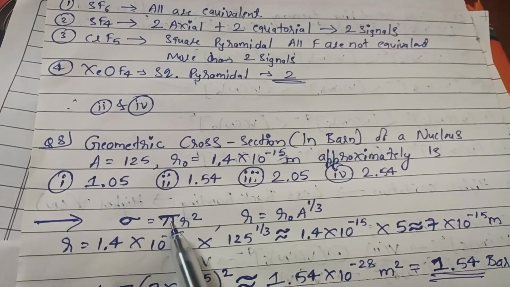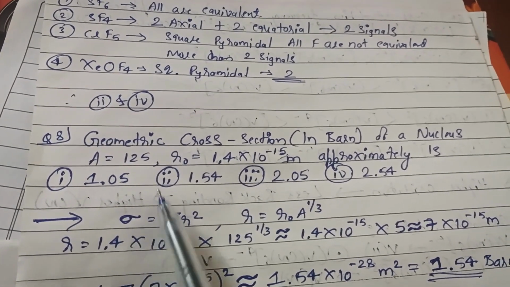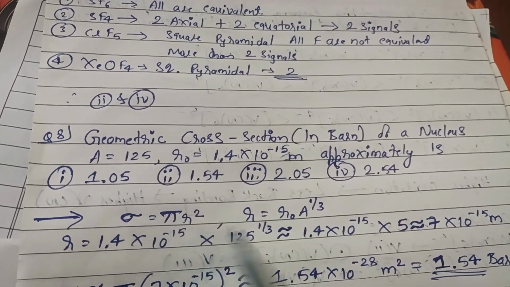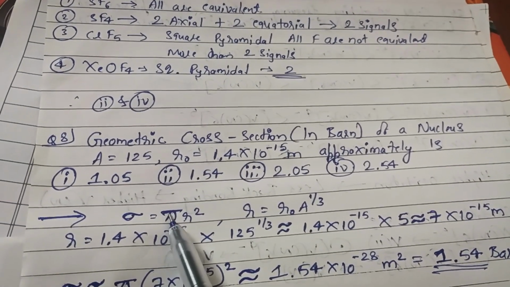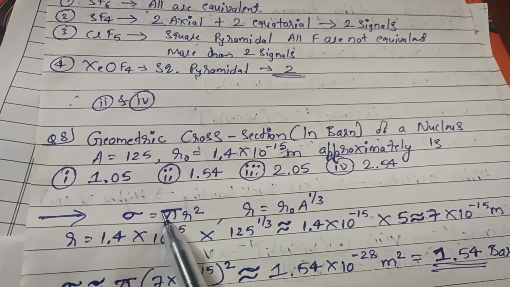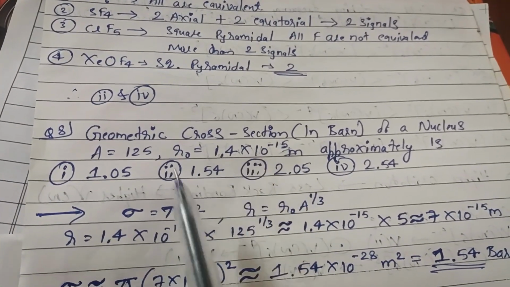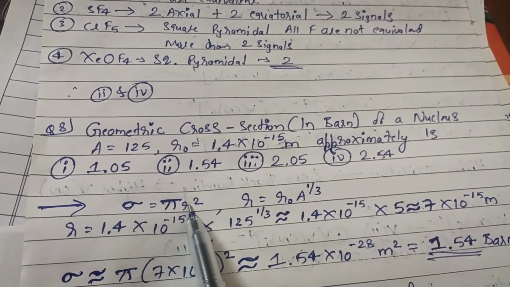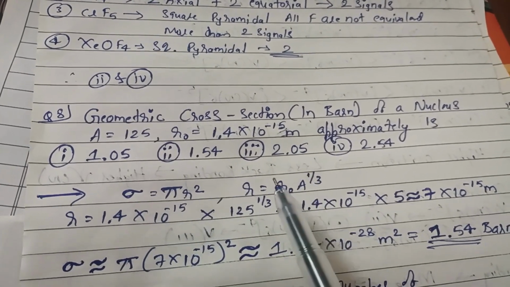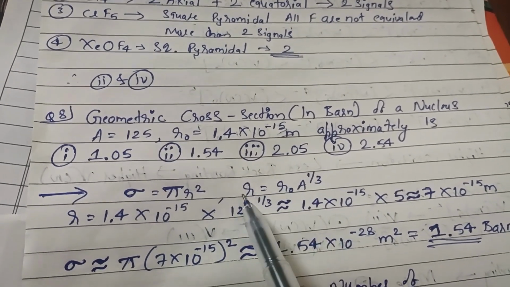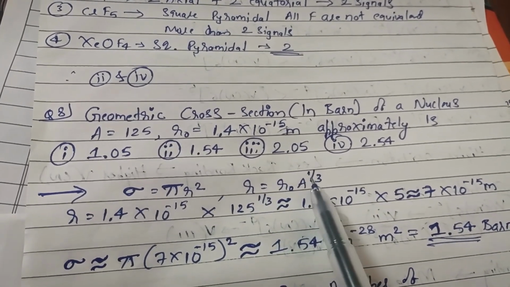We know the value of pi, right? And they have given r0, not r. So we have to find what the r will be. To find r, we know the formula: r is equal to r0 into A raised to 1 by 3.